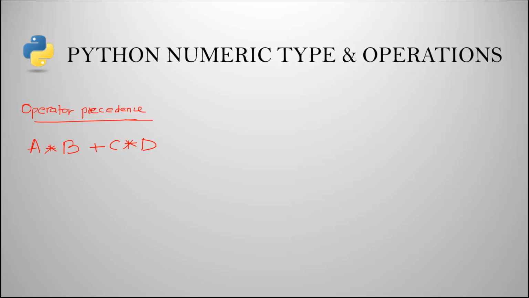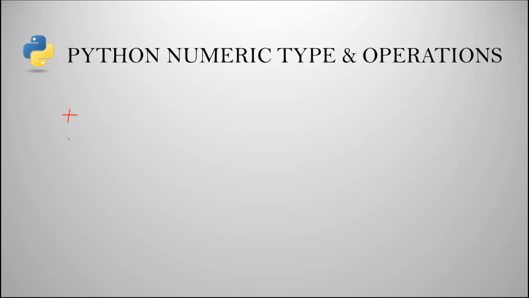So there are certain rules which Python follows for operator precedence. For example, plus, minus, multiplication, division and floor division, then exponent, the power.